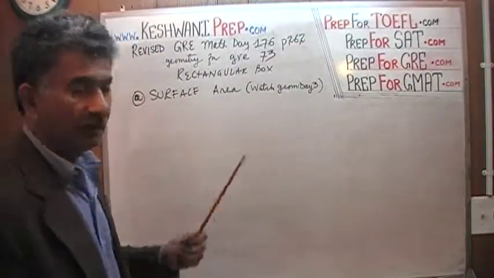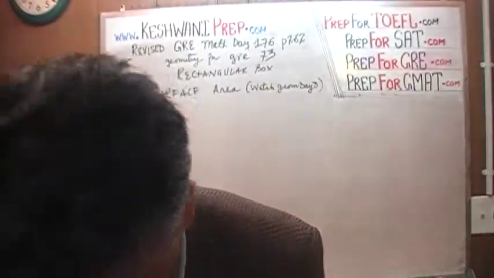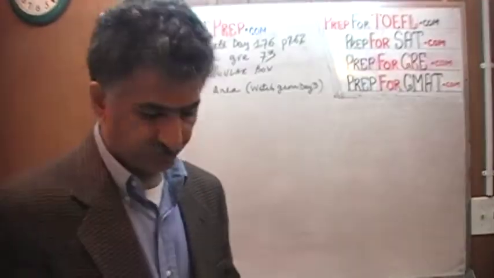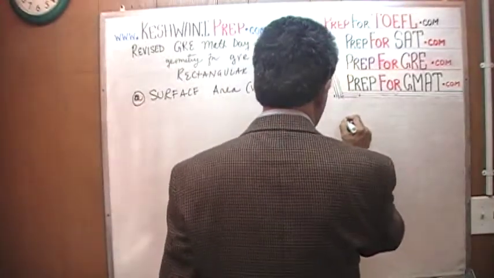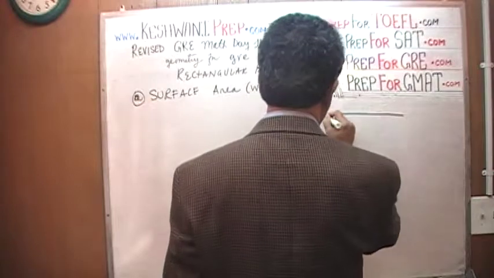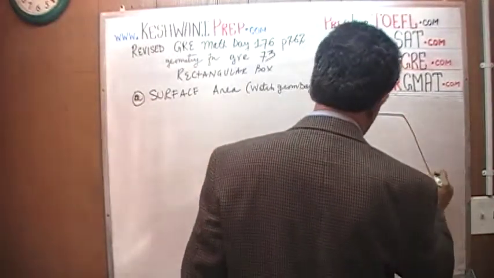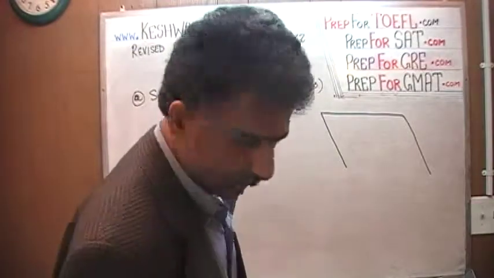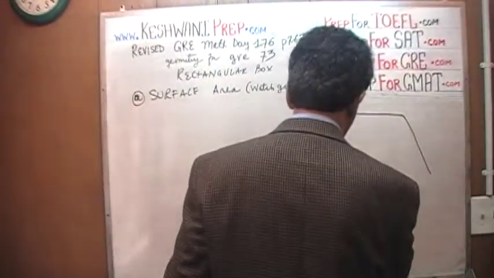A rectangular box, which is simply a three-dimensional rectangle. Let's draw it first so we can talk about it. In part A, they ask about the surface area, but before we talk about surface area, let's just draw the box. See what we can do here. This line does not look parallel to that line, does it? It does. Close enough.